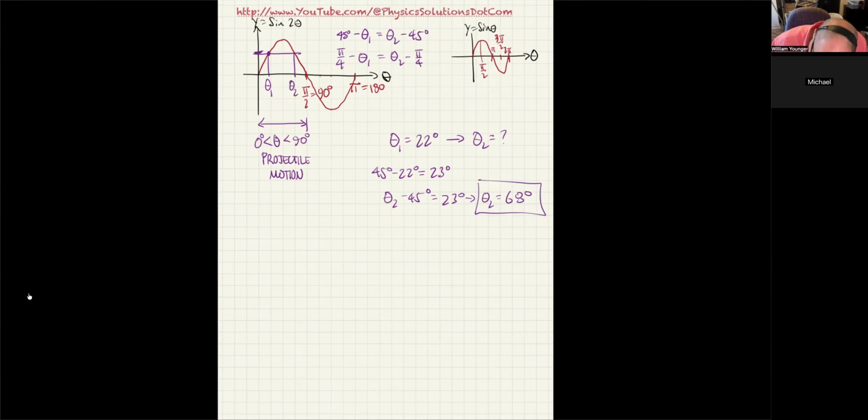Now, if you happen to be trying to get sine of 2 theta equal to 1, then obviously that can only happen at pi over 4, which equals 45 degrees.